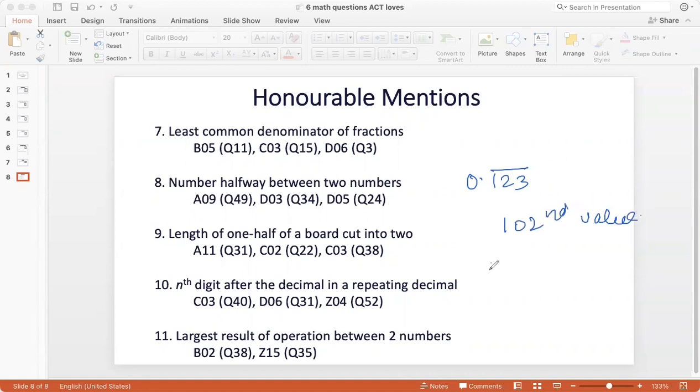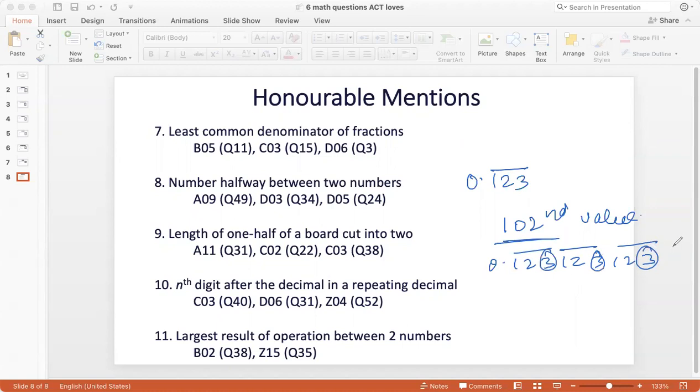So this is 0.123, it repeats after every third digit. So when I have to find the 102nd value, I need to see the divisibility of 102 by 3, because the third digit is 3, the sixth digit is 3, the ninth digit is 3, and so on. And then that carries on.